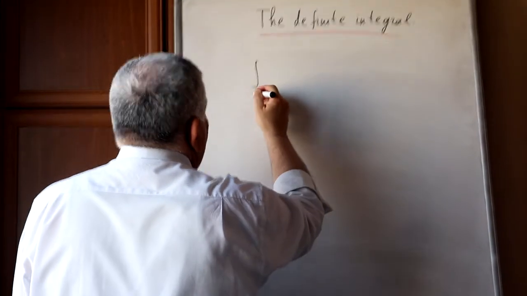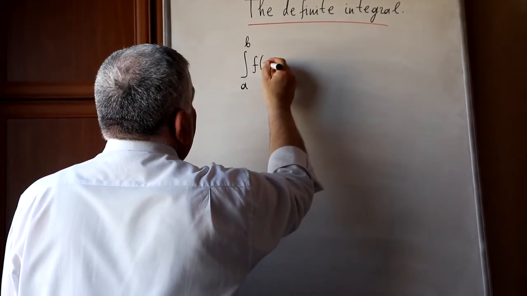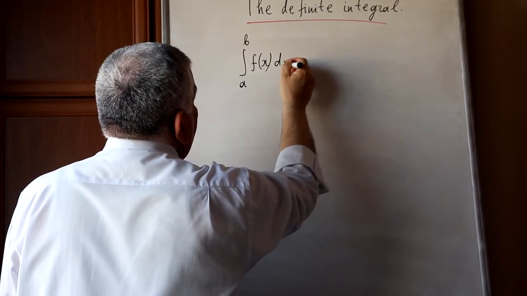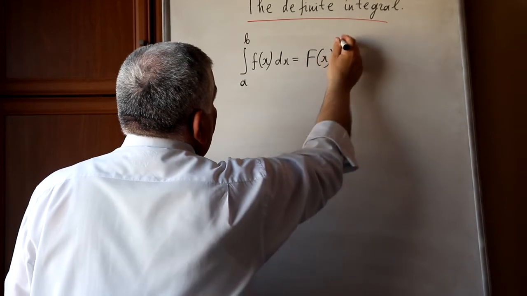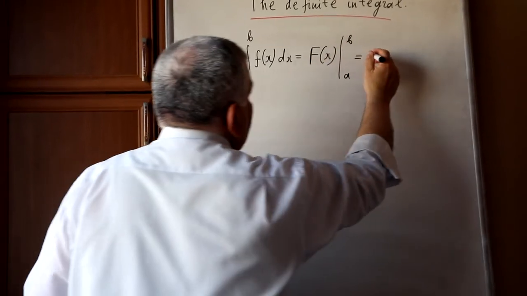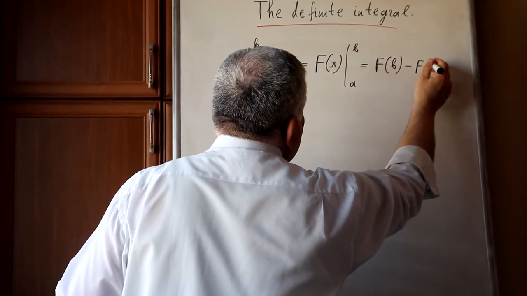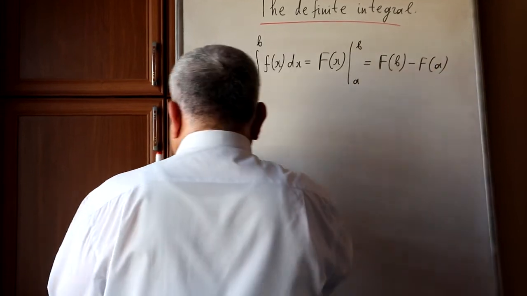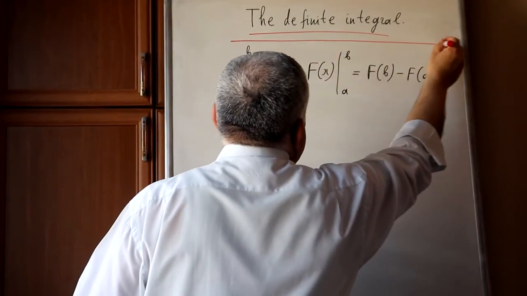Integral from a to b, f of x dx is equal to F capital of x with this double substitution from a to b. It is F capital at b minus F capital at a. This formula is named the Newton-Leibniz formula.